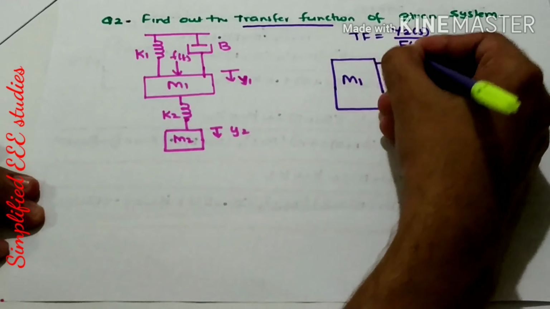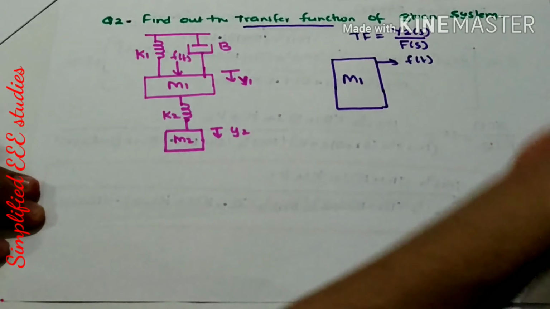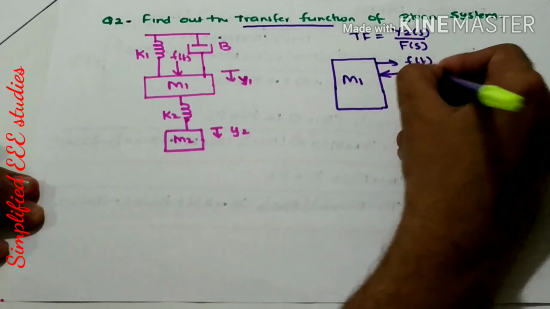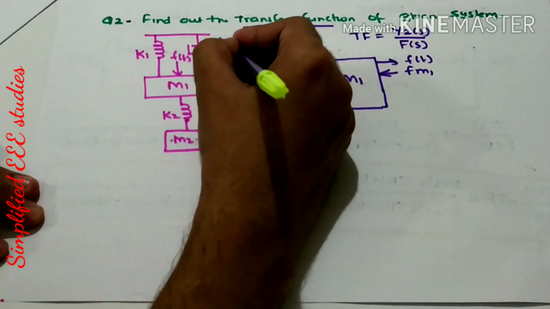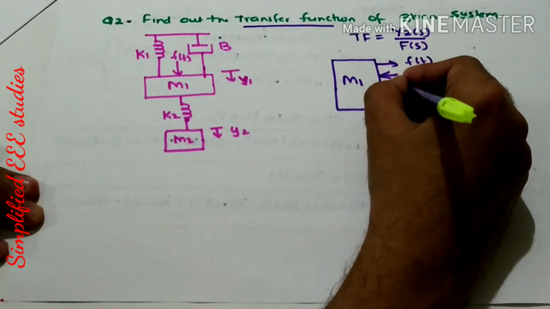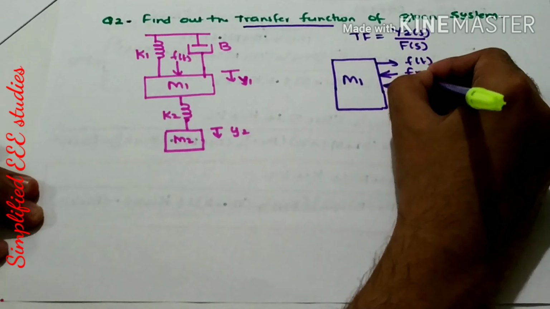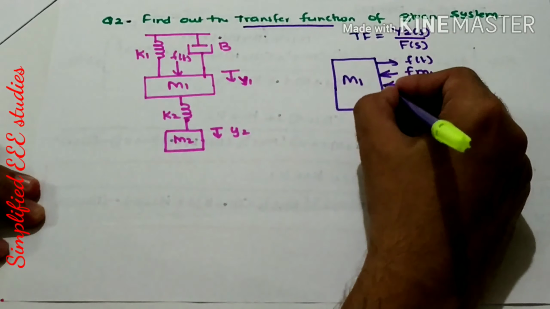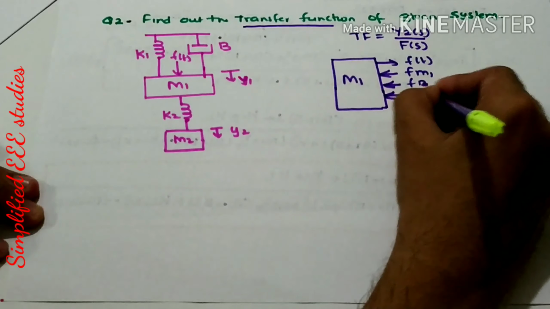Force F(t) is acting externally, so I will be marking F(t). Because of inertia, there will be one force known as Fm1. Then because of the dashpot or friction element, there will be one opposing force denoted by Fb. Similarly, because of this spring, there will be one opposing force known as Fk.